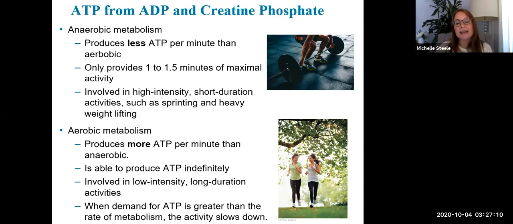When the demand for ATP is greater than the rate of metabolism, the activity is going to start to slow down. But in general, we can continuously regenerate that ATP during aerobic metabolism. So just keep that in mind. During anaerobic metabolism, like heavy weightlifting, we're not able to generate as much ATP as we are during aerobic metabolism, such as a light jog.